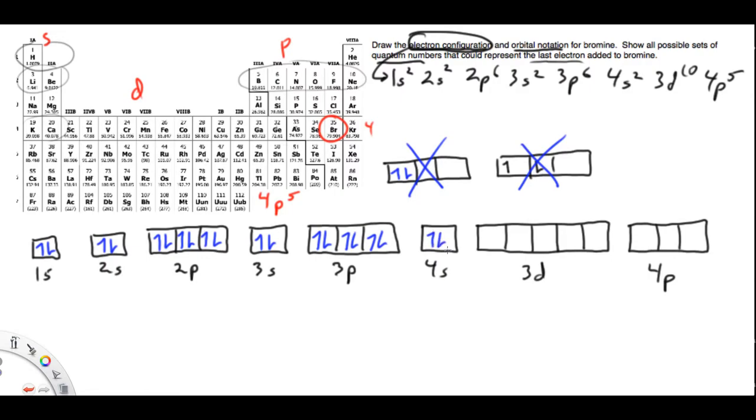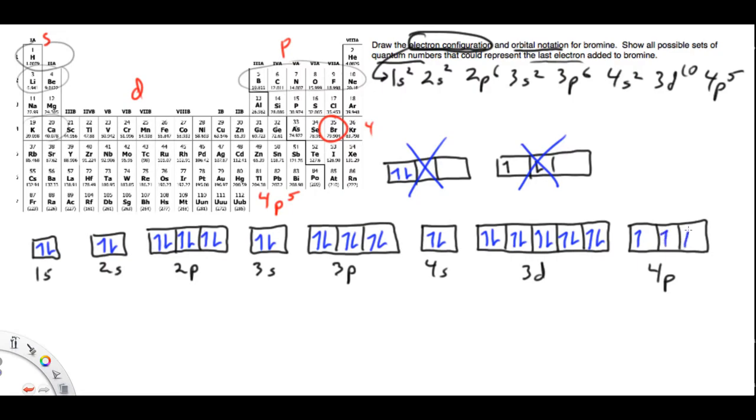4s gets completely filled because there's not enough energy to kick from 4s over to 3d. And then we fill in the 3d, half filled with parallel spin. So this is parallel spin all going up. And then we fill them with the down arrow. Okay, and then in the case of 4p, we're only going to have 5 electrons.